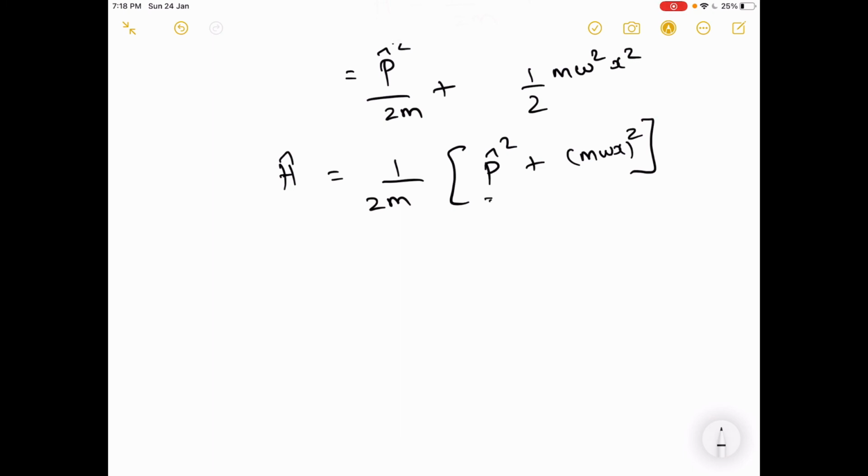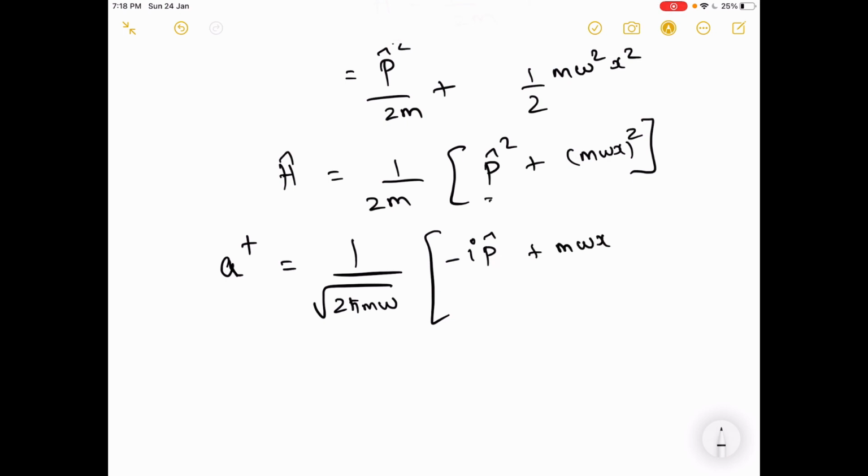Now let me define another operator, a dagger. We will see why I define it in this particular format, but for our purposes we don't have to go very deep into this. It comes with the constant 1 over root 2 h bar m omega, which is just a constant, and it is defined as minus i p hat plus m omega x.